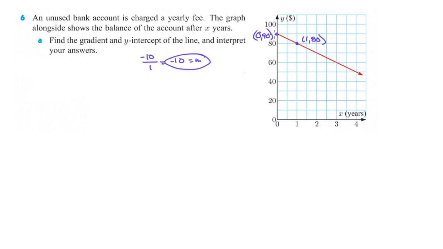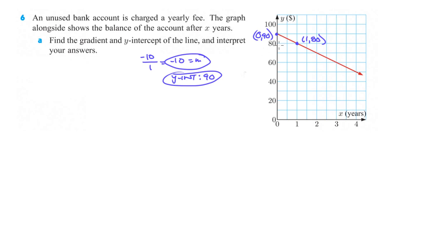Okay, and then the y-intercept we already found, that's right up here. The y-intercept of the line is 90. Okay, so it says find and interpret your answers. So the slope, negative 10, means every year your unused bank account is charged a yearly fee, and that comes off the balance in the account.